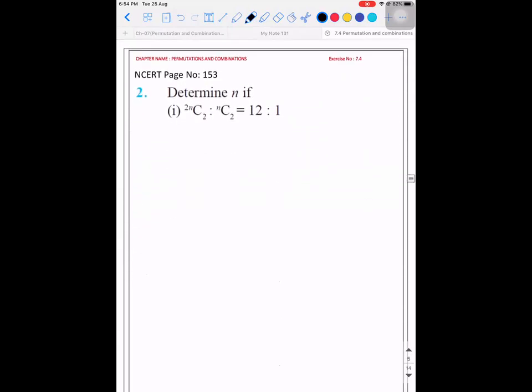2nC2 is to nC2 is equal to 12 is to 1. So it will be 2n factorial by 2n minus 2 factorial into 2 factorial, the whole divided by n factorial by n minus 2 factorial into 2 factorial is equal to 12 divided by 1.